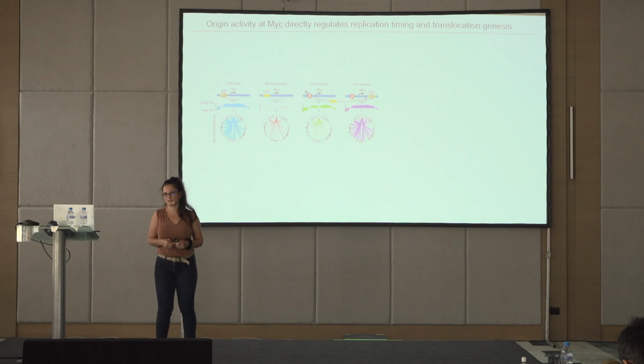What we do is we know the AID translocation partners. AID is the enzyme which generates breaks and mutations in the genome, and it's responsible for the translocations. We see AID off-target genes, and we can correlate them with the replication timing.